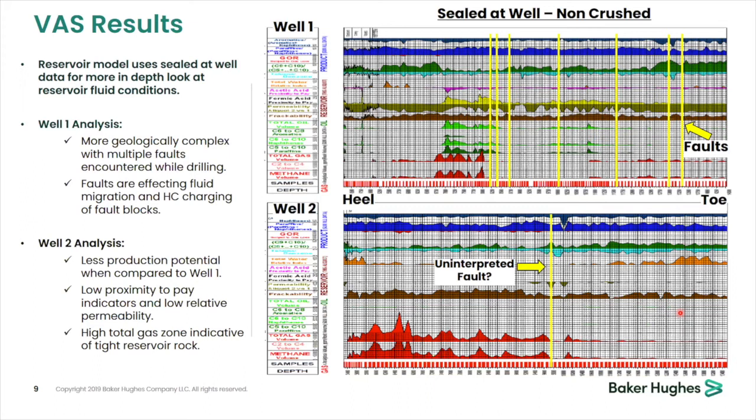And then well 2 was drilled in an area that would be indicative of less production potential when compared to well 1, with low proximity to pay indicators and low relative permeability. There's also this high total gas zone, which is interpreted to indicate tighter reservoir rock.